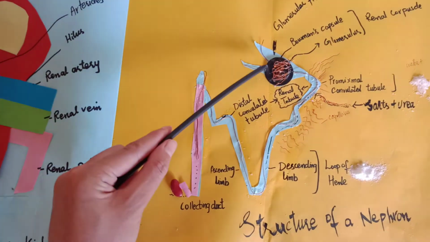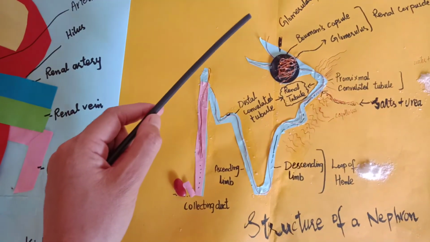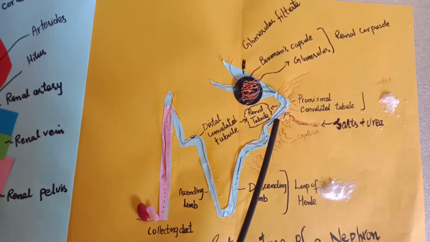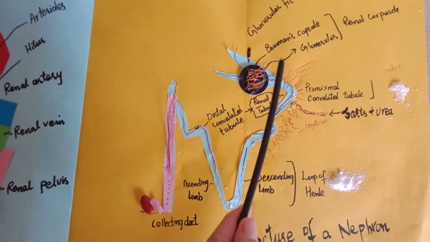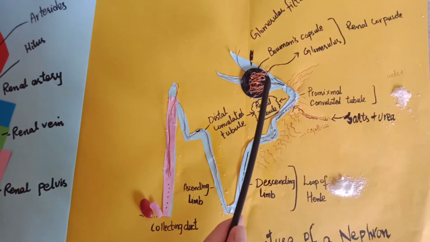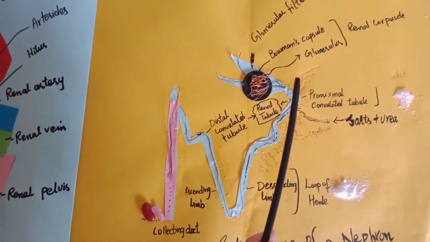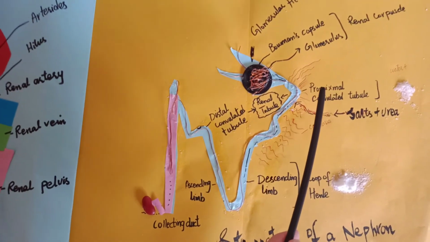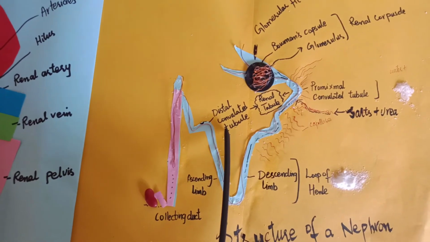Now this Bowman's capsule has glomerular filtrate. Now this glomerular filtrate moves to the next part, that is the renal tubule. And the renal tubule consists of proximal convoluted tubule and distal convoluted tubule.